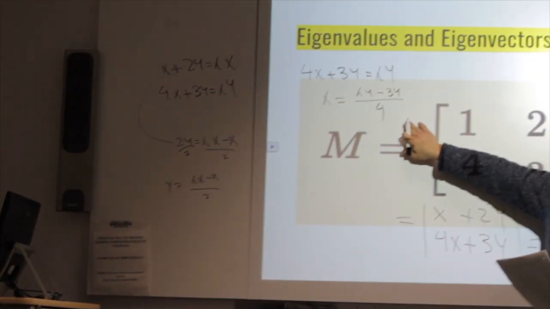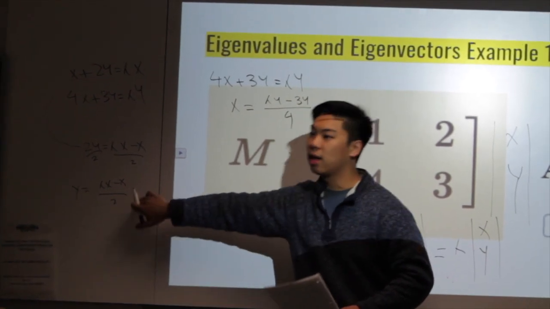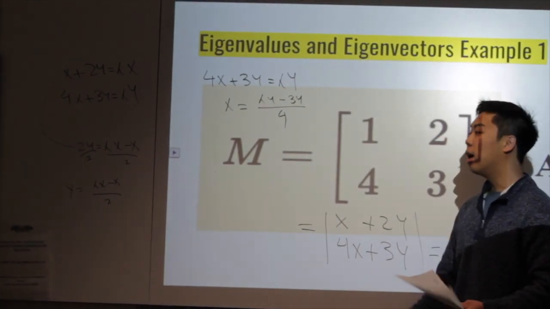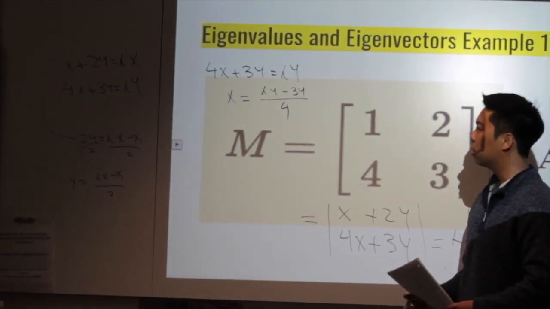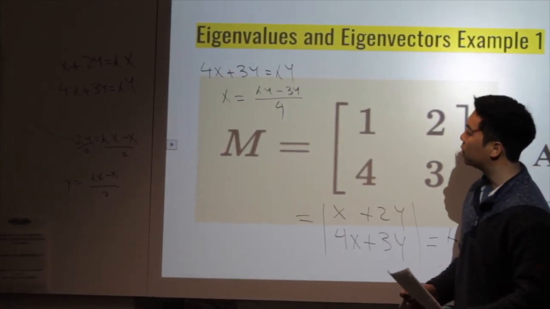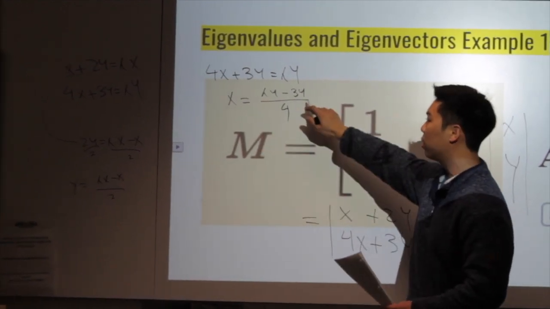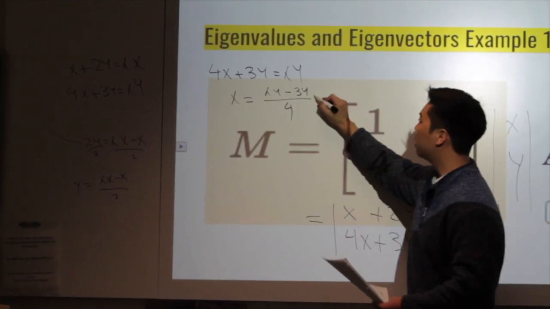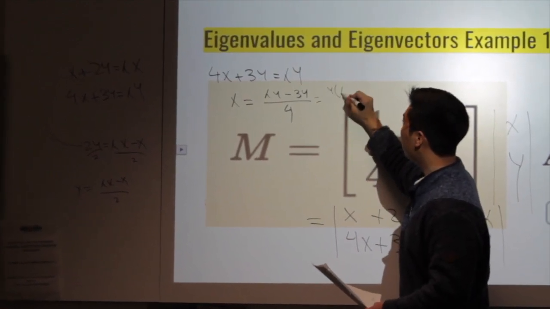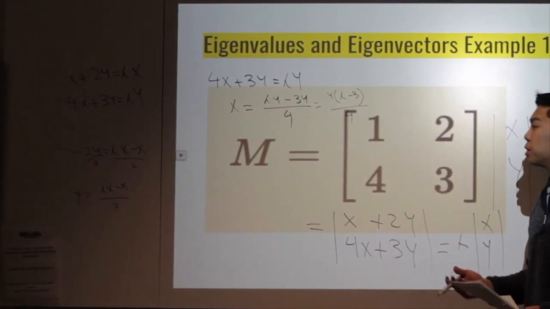So now we have something in terms of x here with lambda and y, and something in terms of y here with lambda and x. So what we can do now is plug into either one. It doesn't matter, it's the same. So I'm just going to plug y into here. Every instance of y, I'm going to plug in, but since we can factor out y, this is also equal to y times lambda minus 3 over 4. So we can just plug it in once.